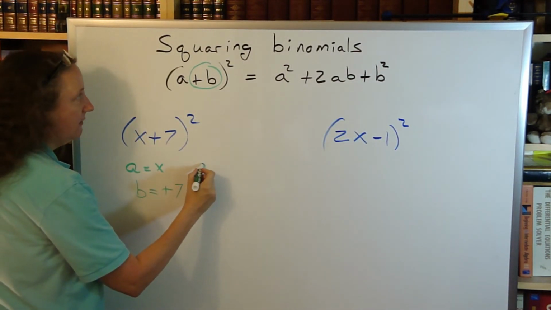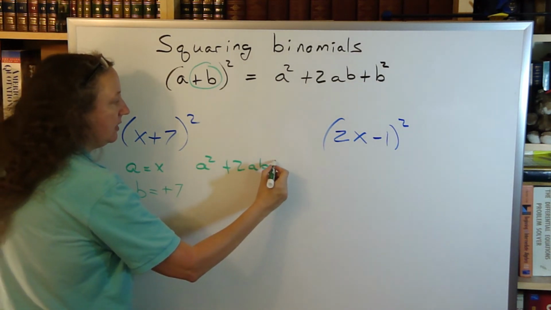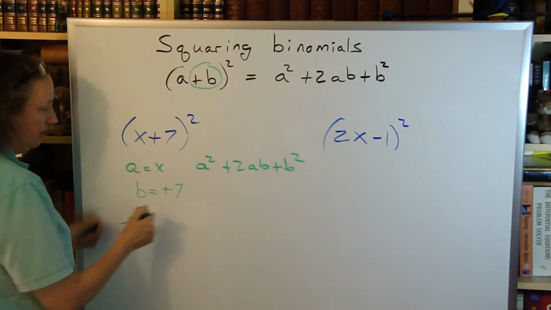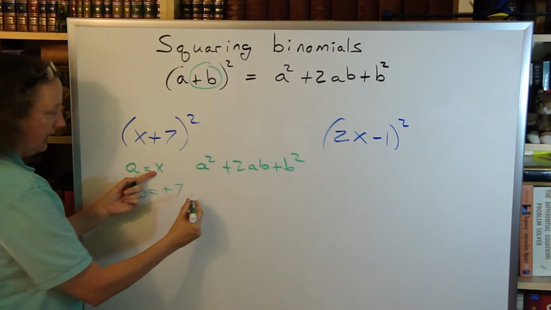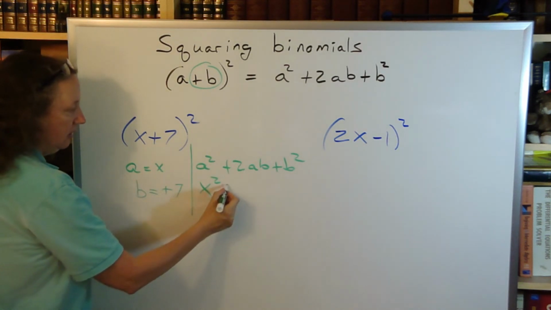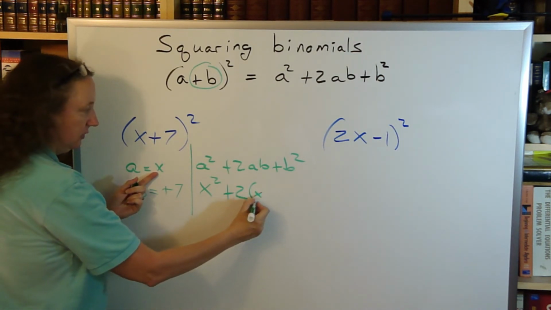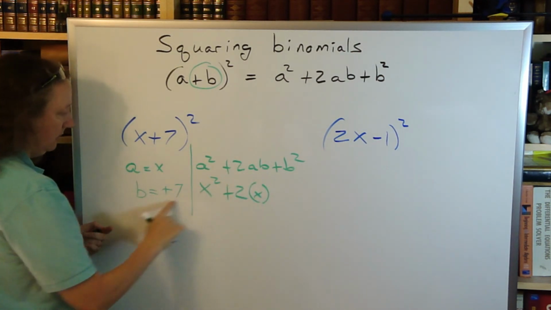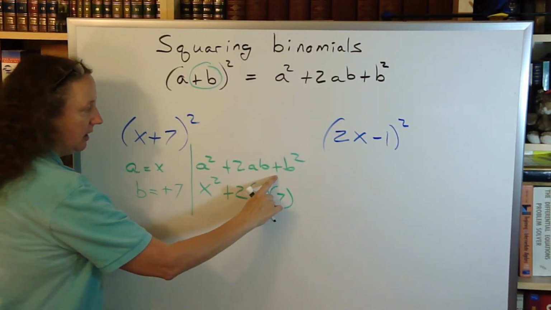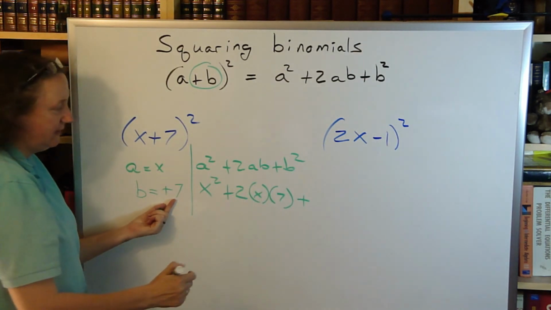So I'm going to have a squared plus 2ab plus b squared. And I need to write that a is x. So I have x squared plus 2 times a, x, times b, positive 7, plus b squared, 7 squared.